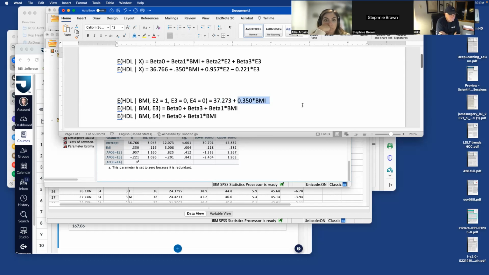But because there's a positive association between BMI and HDL, we leave that in there. We could expect that people in group E2 have a baseline, and their HDL is a function of the overall average for the group plus some effect of BMI.